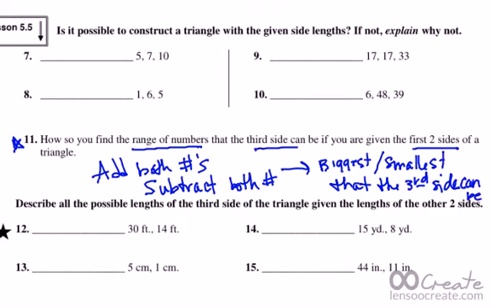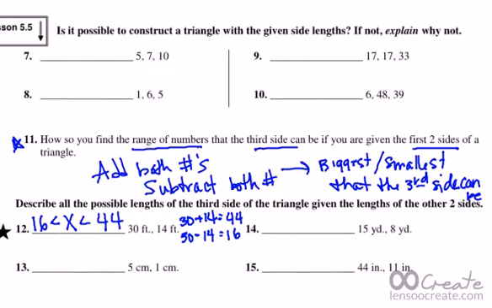So if I look at number 12, I'm going to take 30 plus 14 and 30 minus 14. The answers to those two, 44 and 16, give me the range. So we write the third side will be between 16 and 44, but not equal to. Notice there is no equal there.